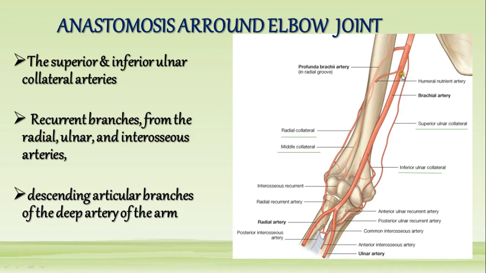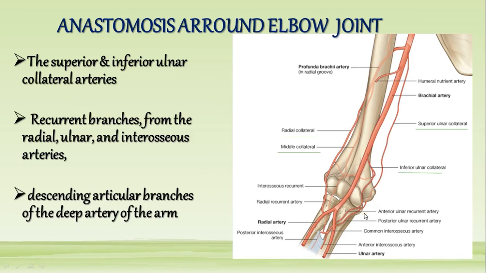The brachial artery gives a major branch which runs in the posterior compartment, called the profunda brachii artery. The brachial artery gives out collateral arteries, the superior ulnar collateral and the inferior ulnar collateral, which contribute to the anastomosis.